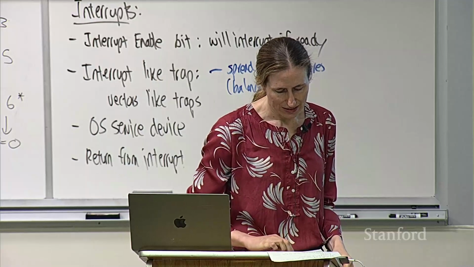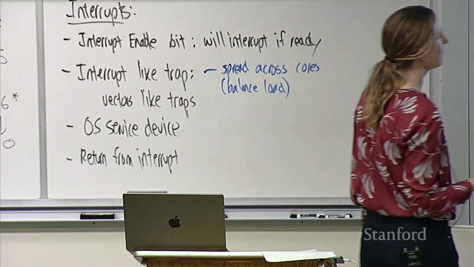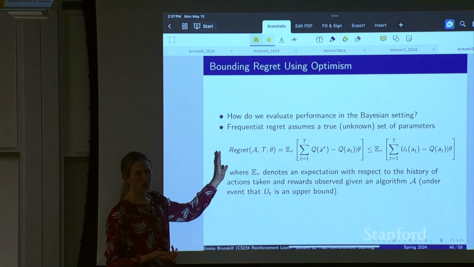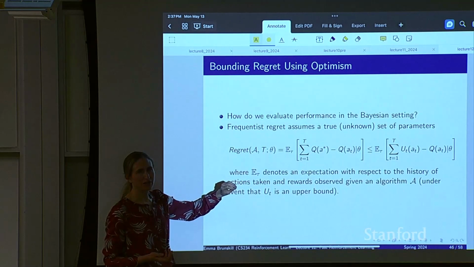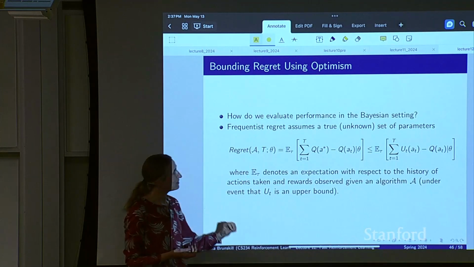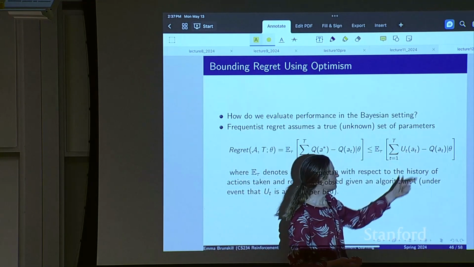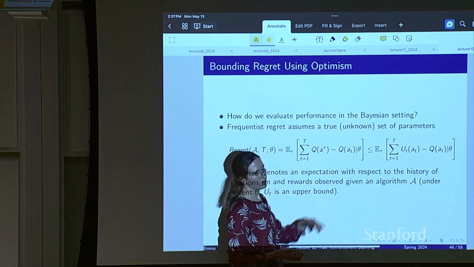One of the key ideas, in terms of how one might prove things in this case, is if we think back to how we proved some ideas around regret. We didn't do the full proof, I just tried to give some sketches. One of the key ideas in the proof for frequentist regret and upper confidence bounds is that we tried to construct these upper confidence bounds U_t that we thought would be higher than the true value of the arm with high probability.